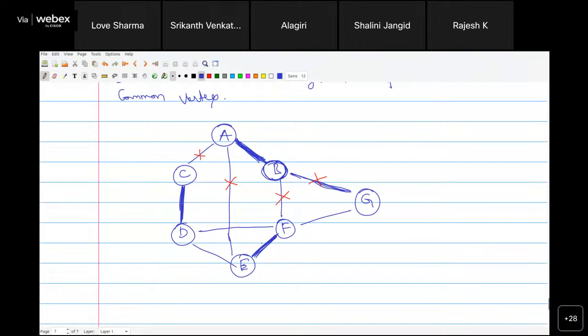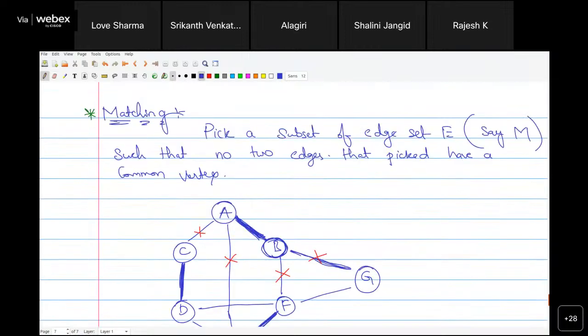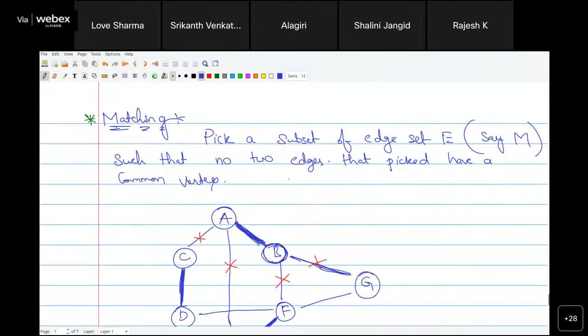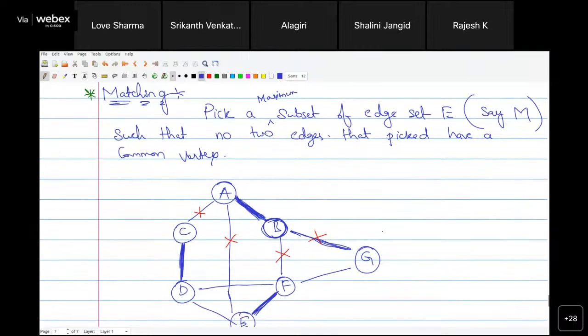And I will try to pick the maximum number of elements in my subset. I will get the maximum. Pick a maximum subset of edge set E such that no two edges that are picked have a common vertex.